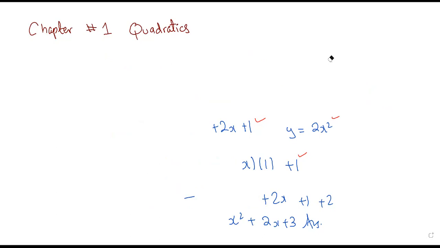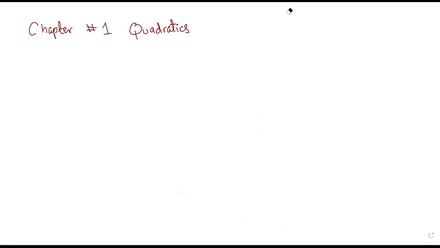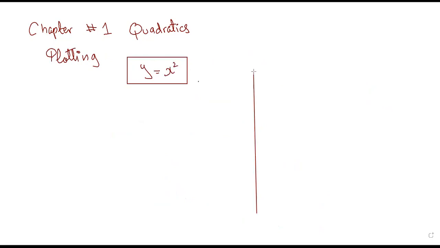Let's start our discussion with the very basic quadratic equation, that is y equals x squared. This is the simplest form of any quadratic equation. How do we plot this quadratic equation? If you understand this, you would be able to understand the plotting of every other quadratic equation.